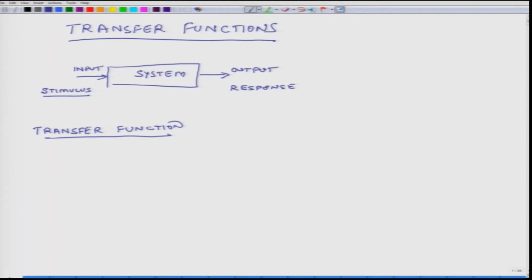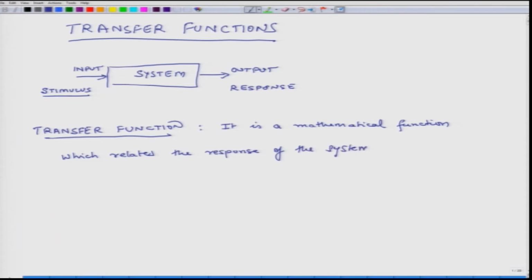And this definition: it is a mathematical function which relates the response of the system to the stimulus provided to the system.